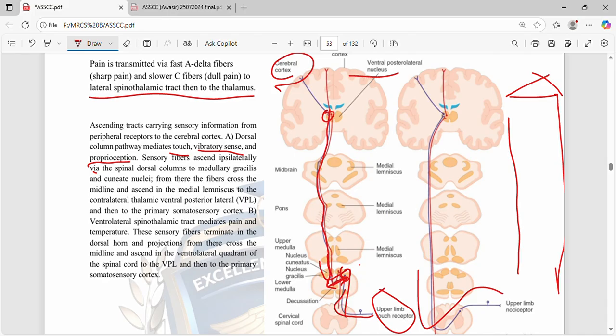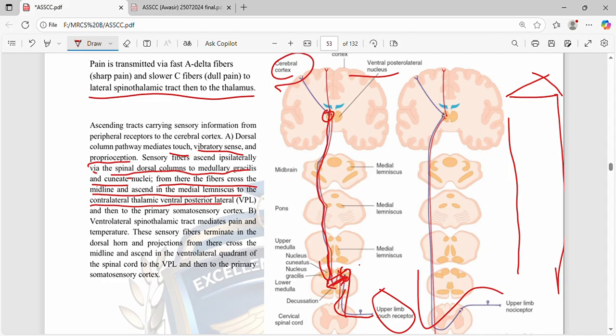From there, the fibers cross the midline and ascend in the medial lemniscus pathway to the contralateral thalamic ventral posterior lateral nucleus, VPL, and then to the primary somatosensory cortex.